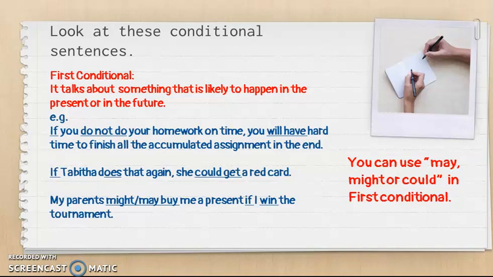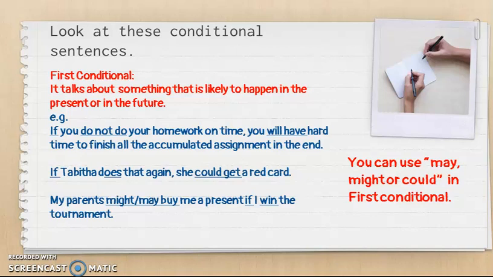Pay attention to those sentences. As you can see, we are talking about something that is likely to happen either in the present or in the future. Although it is not 100% confirmed, you know that it is likely to happen. The probability of happening will be around 50 to 75%.